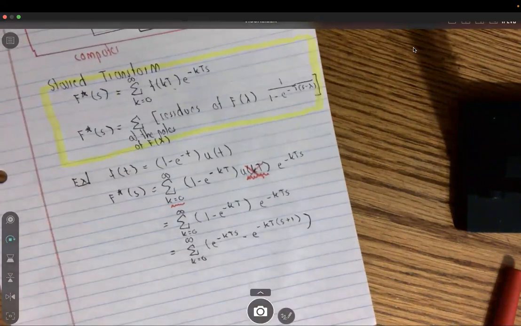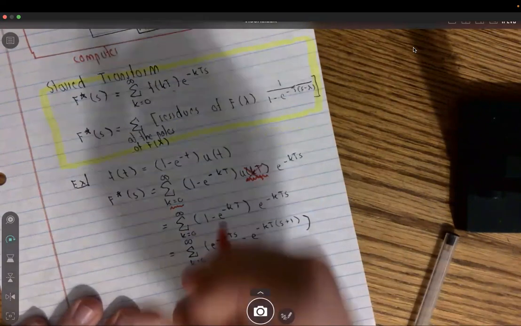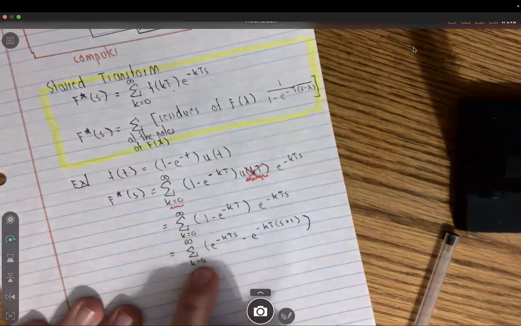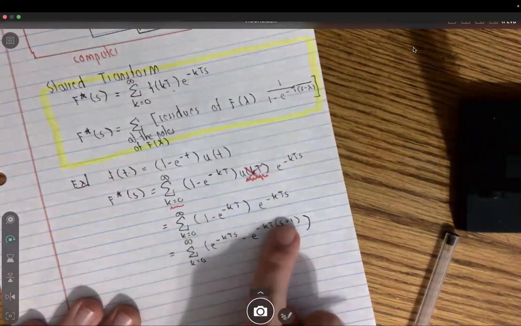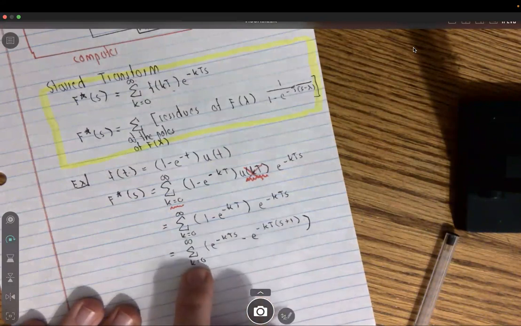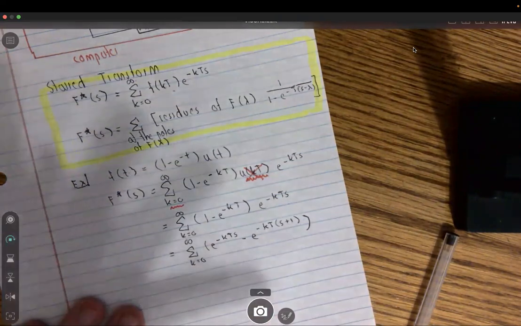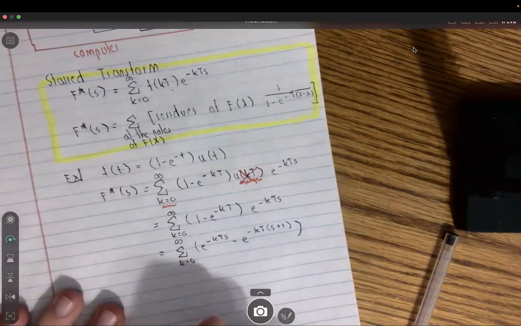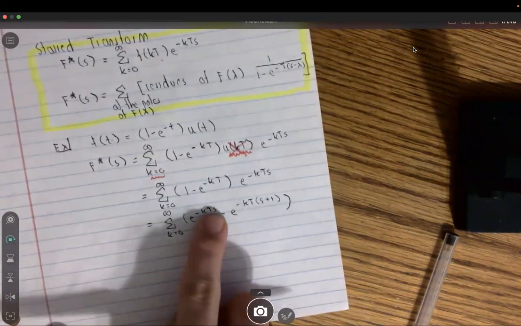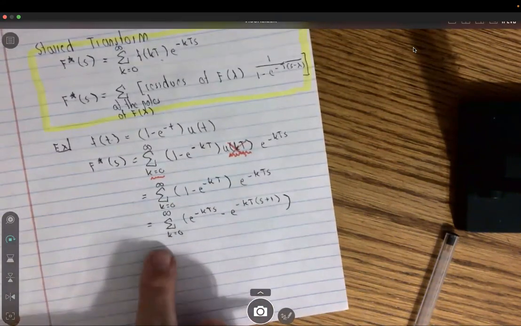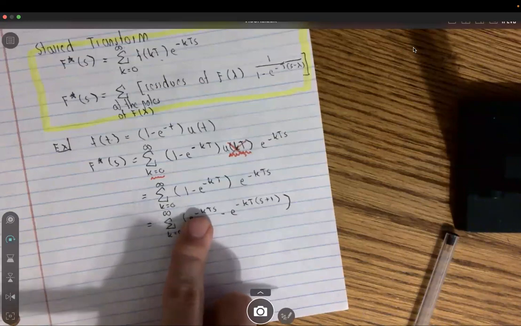And so what you're probably going to notice is that the only thing changing within both of these is k, because that's what we're taking the summation over. That's the only variable we have here. T is constant, that's just your sampling time, so you don't have to worry about that. And s is basically just the domain you're working in, but k is going to be changing.